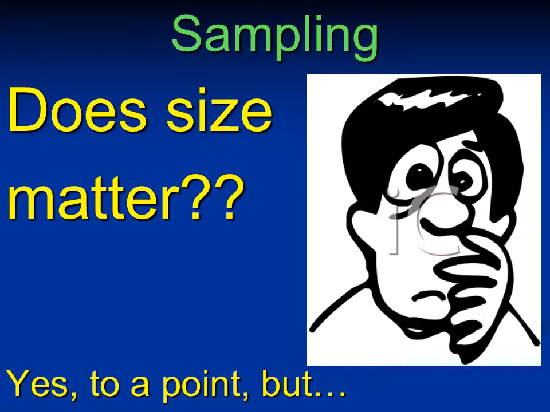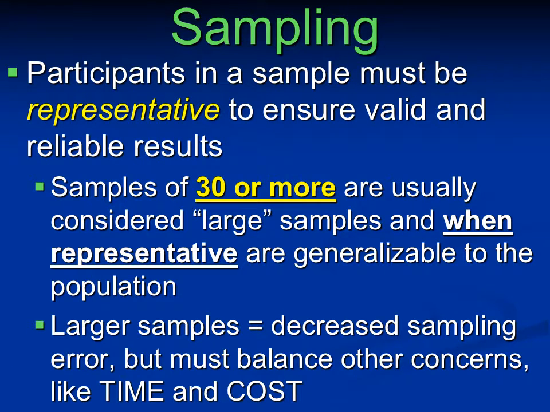All right, so the first important thing to note about sampling is that for sampling purposes, the size of a sample is important to a point, but it is not the crucial issue. What is the crucial issue? The representativeness of the sample.